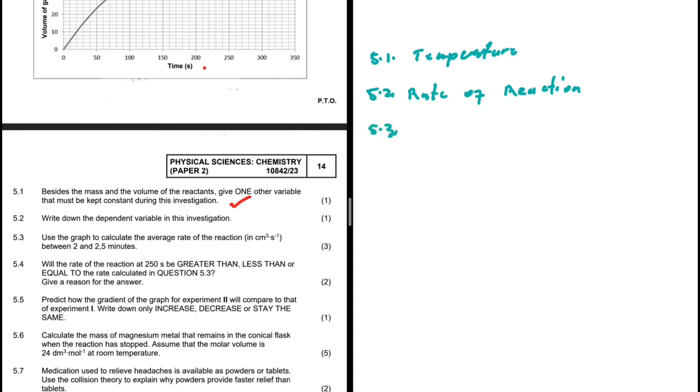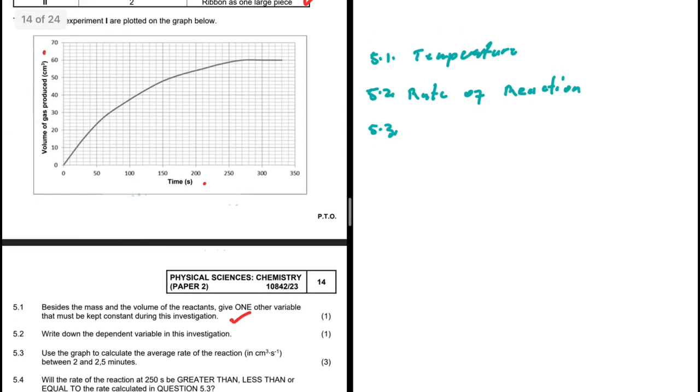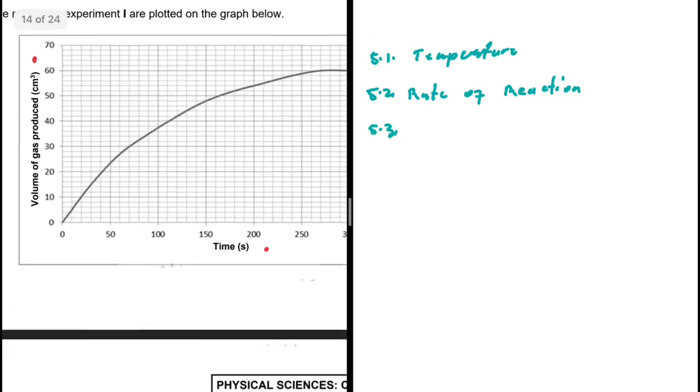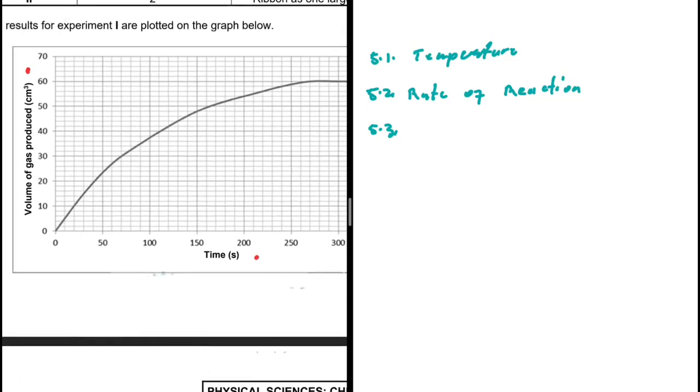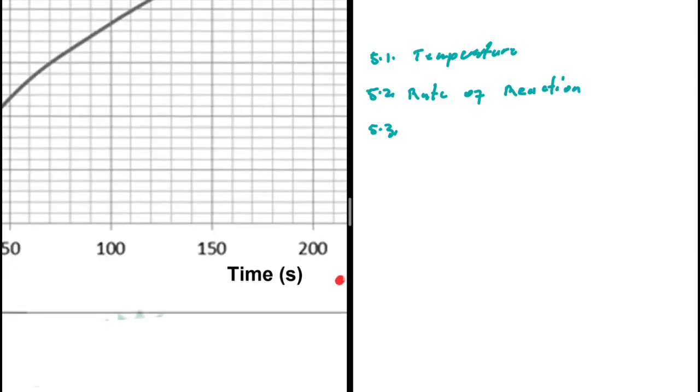Use the graph to calculate the average rate of the reaction in centimeter cube per second between 2 and 2.5 minutes. Okay, let's go to our graph. So between 2 and 2.5 minutes, 2 minutes is 120 seconds. This is 100, this is 150.